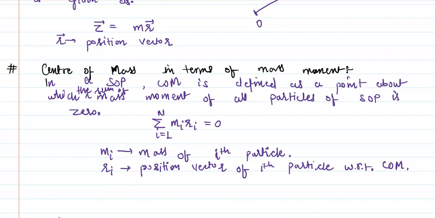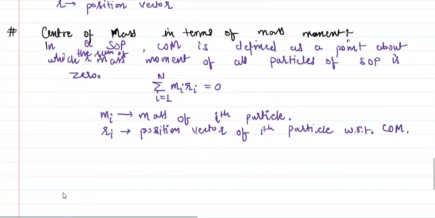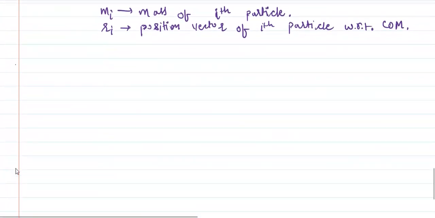Or we can say that center of mass is a place where you can assume that all the mass of the system to be concentrated. Now we'll see how this is going to be 0. We are going to develop a formula for a system of two particles.